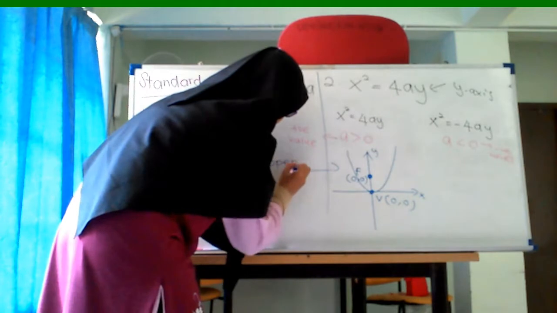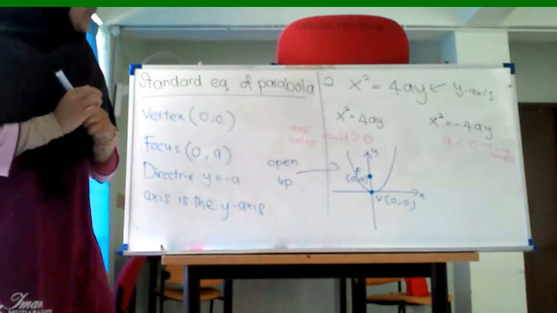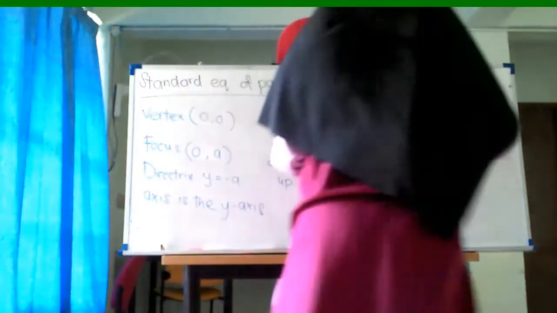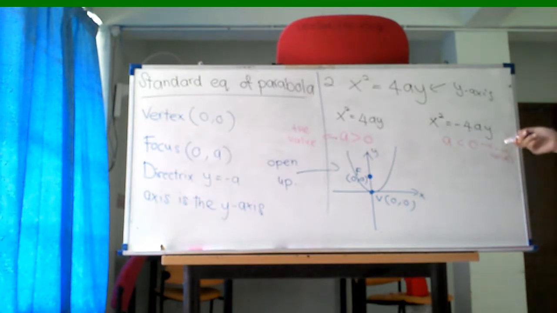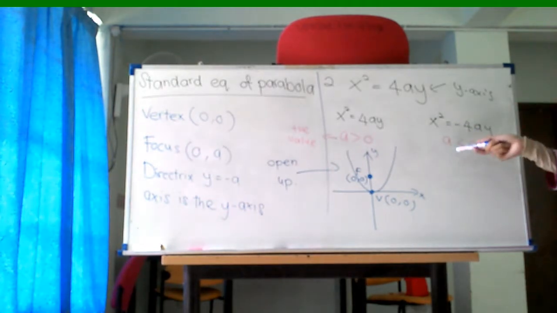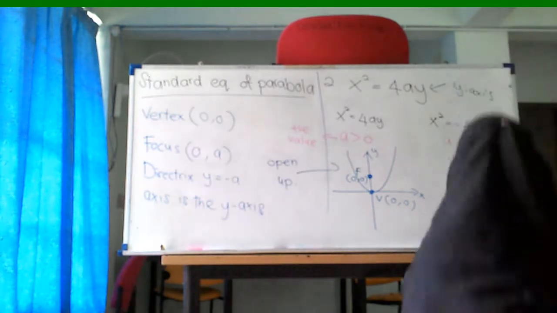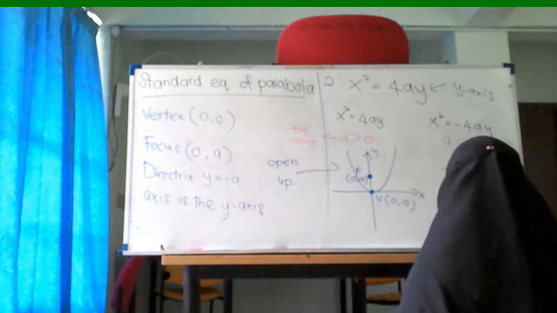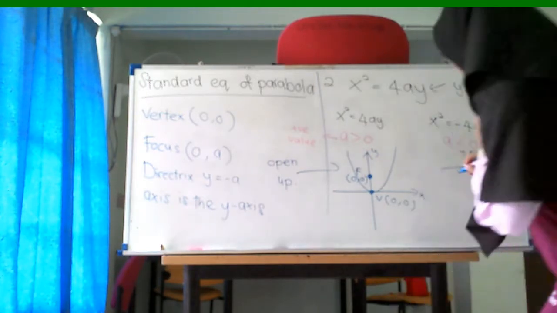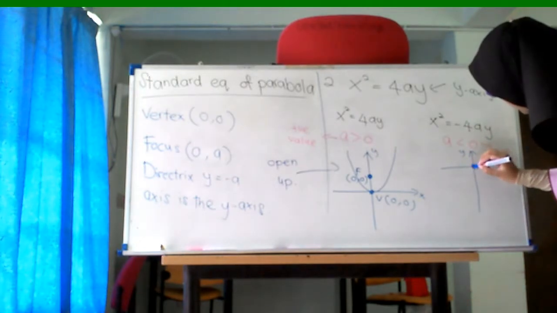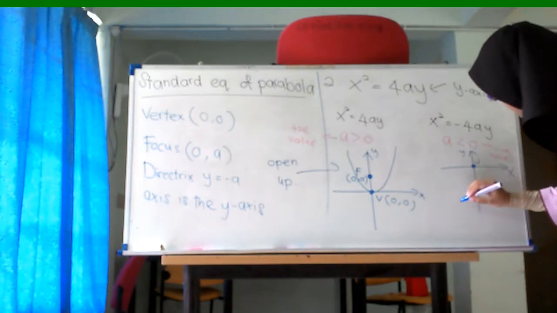For x squared equal to negative 4ay, a is less than 0, which means a negative value. This is the vertex and this is the focus. It will be like this, which is open down.